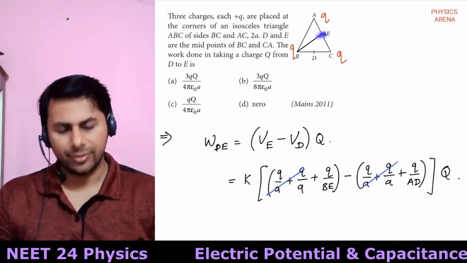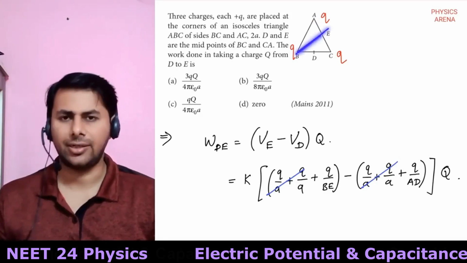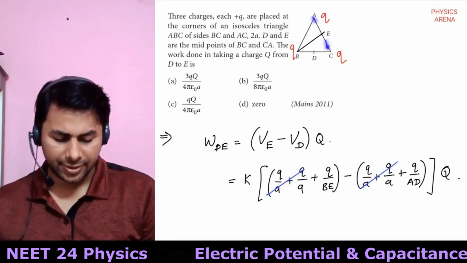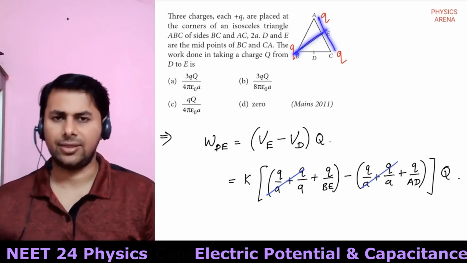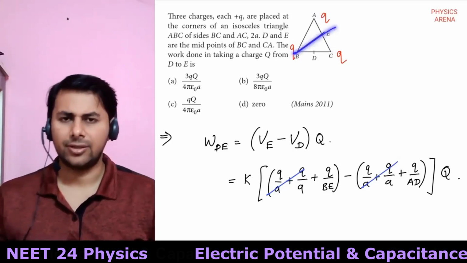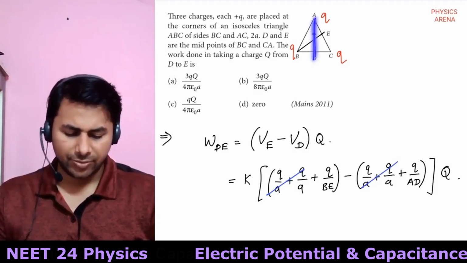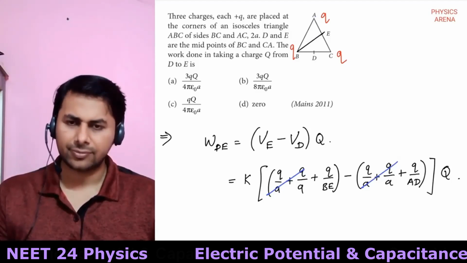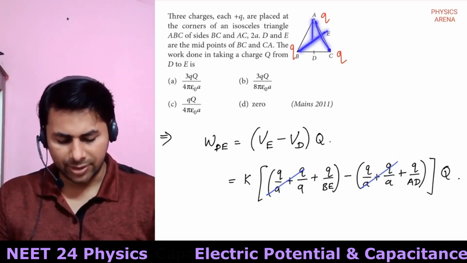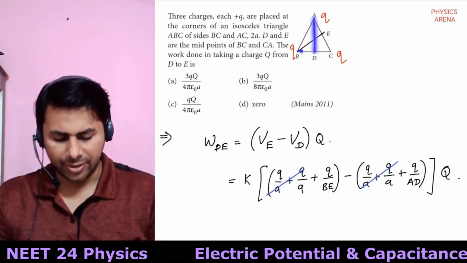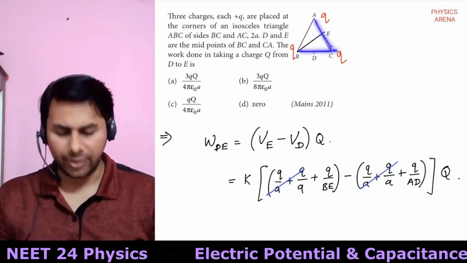If you draw a line from this point which bisects this line, what is this thing? It's a perpendicular bisector, right? This one will also be a perpendicular bisector. Because this length and this length are equal, you can find it out.